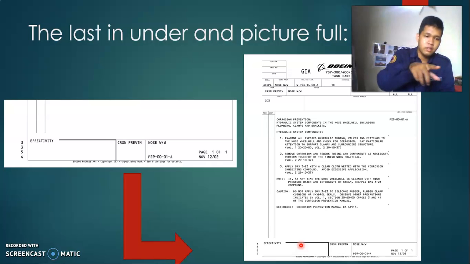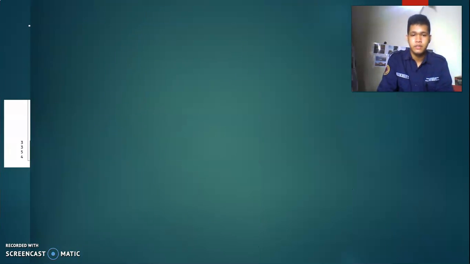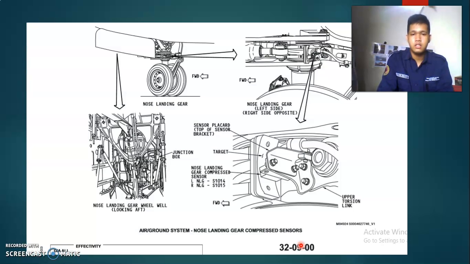Now we see the last part at the bottom of the paper and the full page. In the last paper we can see the effectivity, and this is a note after we do this task card. So this is the nose landing gear wheel well. The nose landing gear wheel well is the space in an aircraft structure where the wheel sits in position.